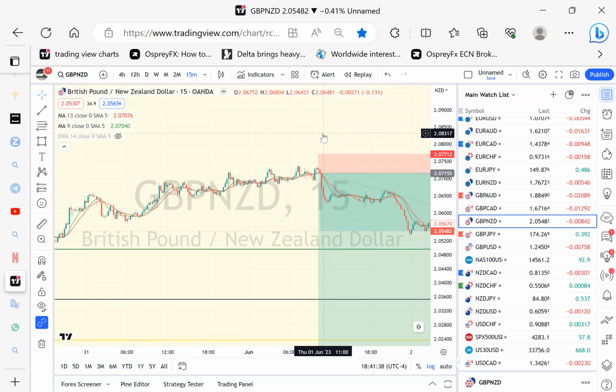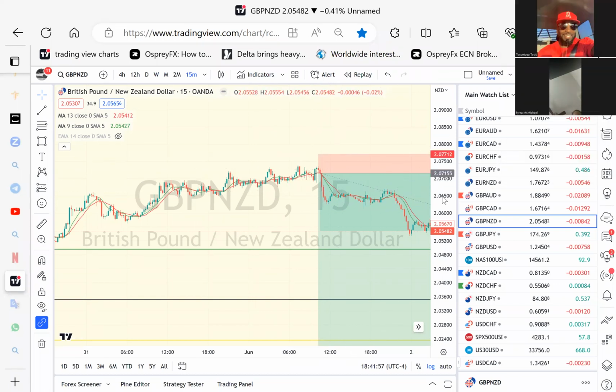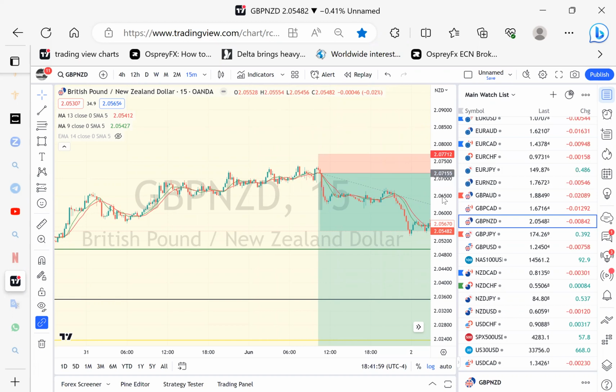For all intents and purposes, this entry is a great entry because even if I'm wrong and it goes up 100 pips, I'll just be in drawdown. And once the trade starts to matriculate, it will correct itself. Another reason why you want to trade this higher time frame.